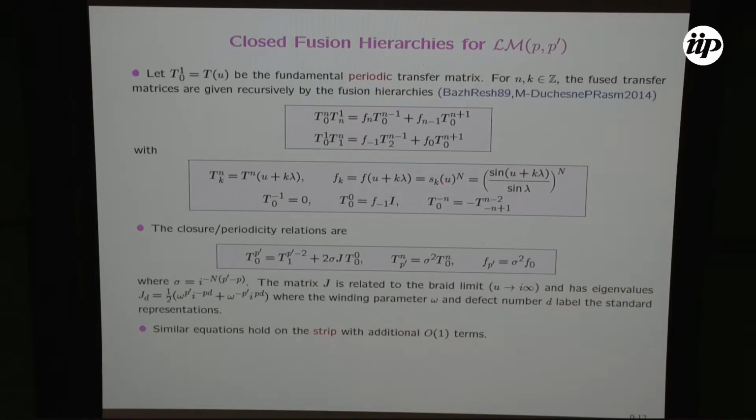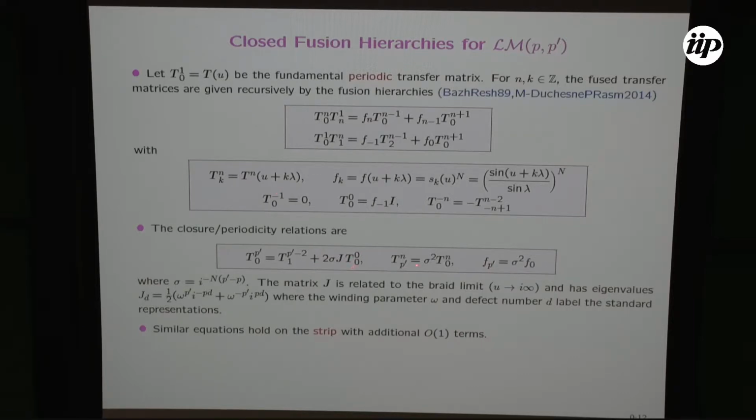These F's are just powers of n of the same trigonometric functions that we were dealing with before. But what is interesting is these relations generalize to the logarithmic minimal models, and then there is a closure. And here are the closure relations. So you go out to level p prime, and then it closes back on previous levels.